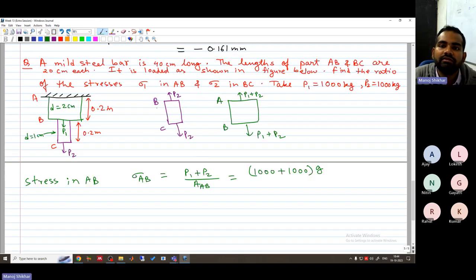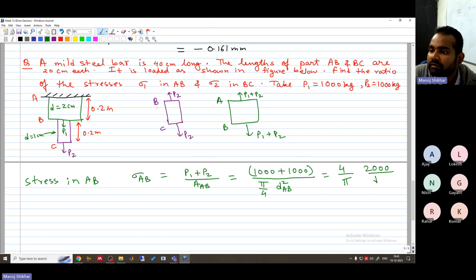Maybe I should write Newton here, though they have given the load in kg, so we can also assume kg only. Because they have asked for a ratio, so it's okay. Pi by 4 into DAB square. Okay, so we have 4 by pi into 2000 upon DAB square.